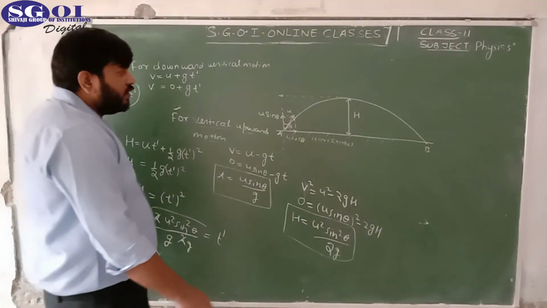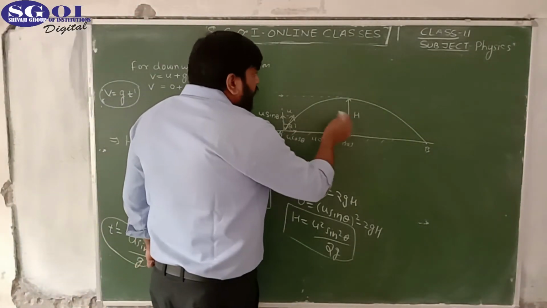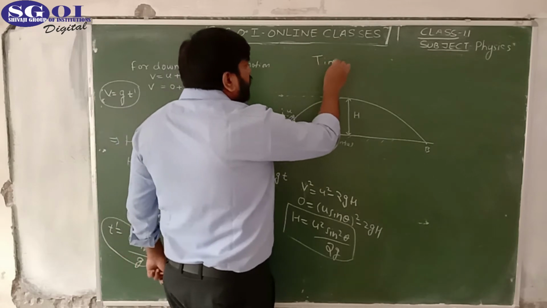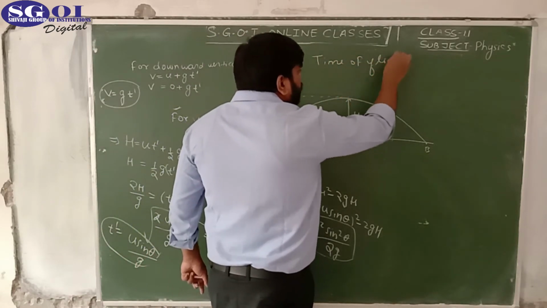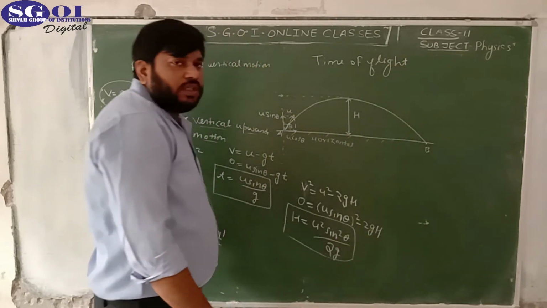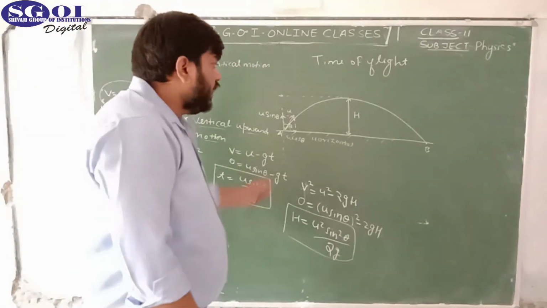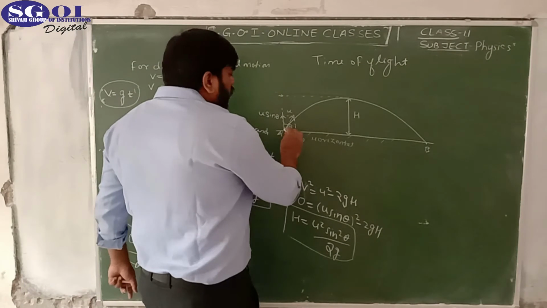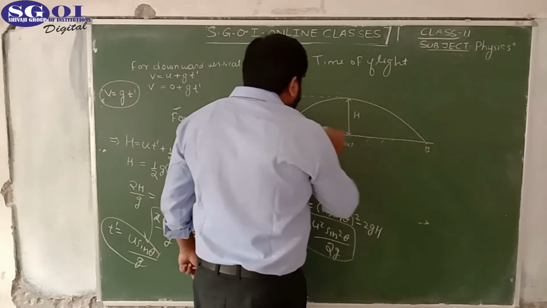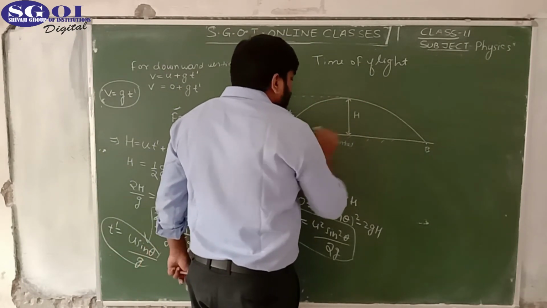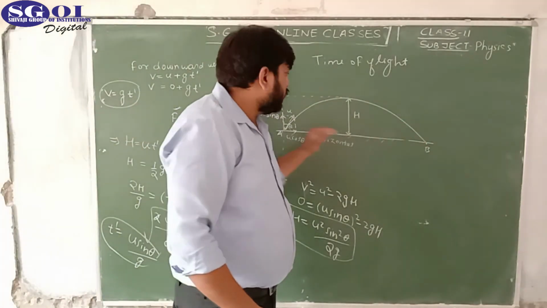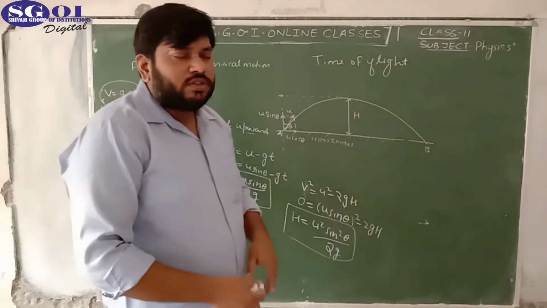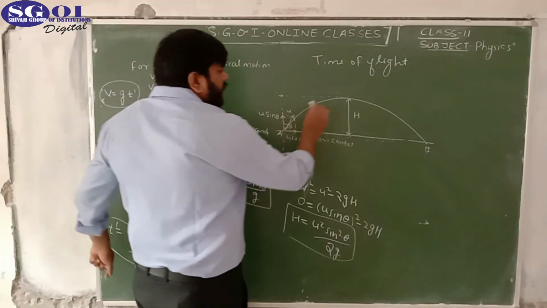So we can say that the time of flight, we know that the time of flight is the time for which the object remains above the horizontal, if it is projected from here.